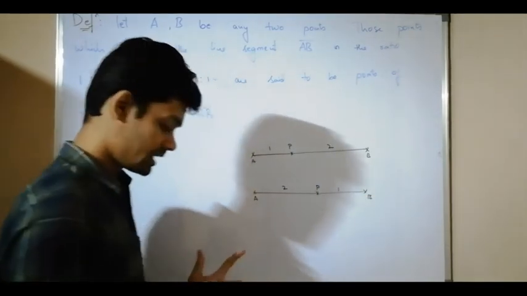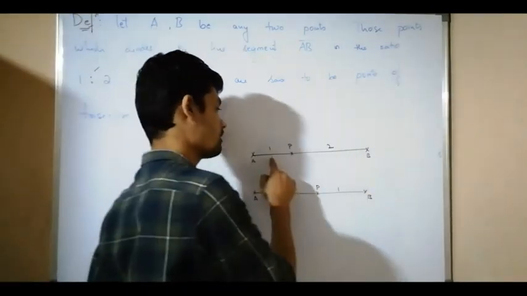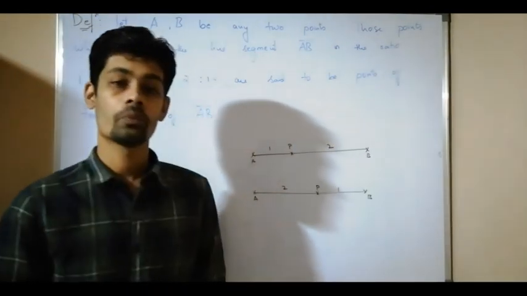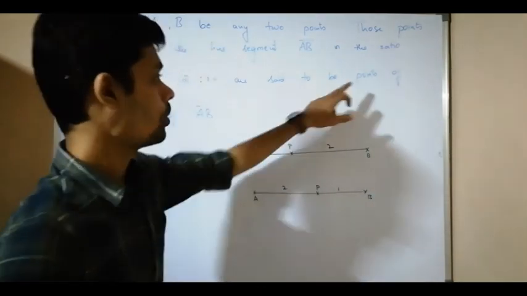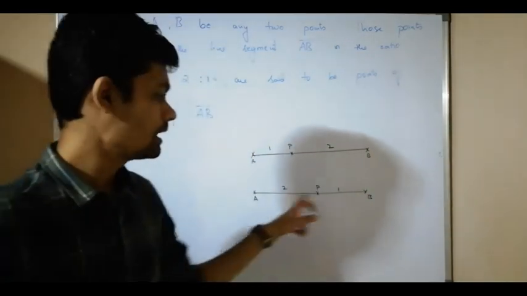Any point which divides the line segment in the ratio either 1:2 or 2:1, all those points are said to be points of trisection of the line segment.